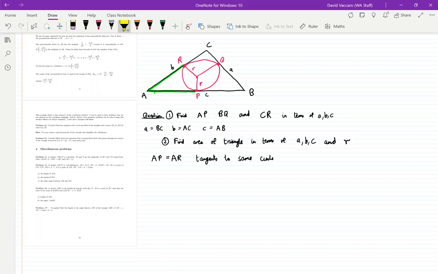Similarly, I can say that BP is equal to BQ for the same reason. And I can say that CQ is equal to CR, again for the same reason.